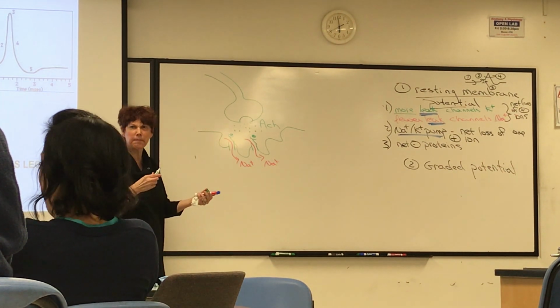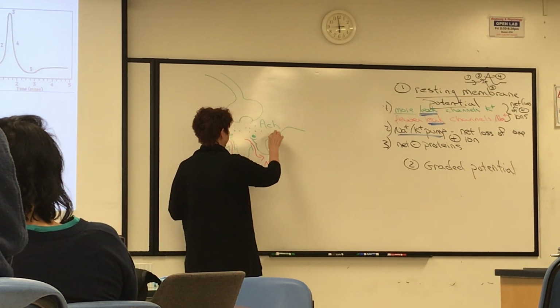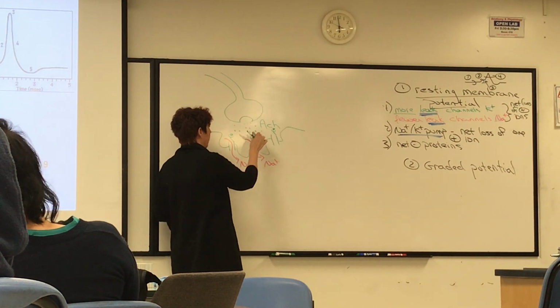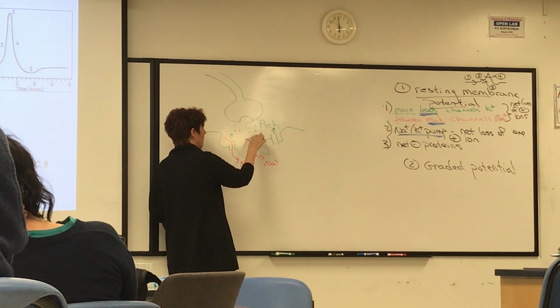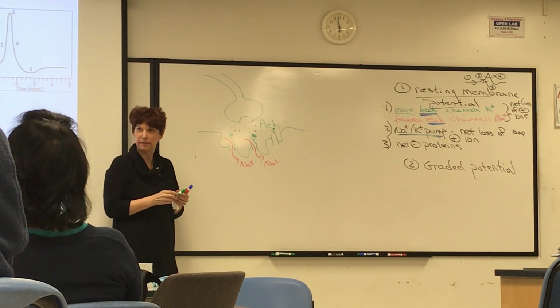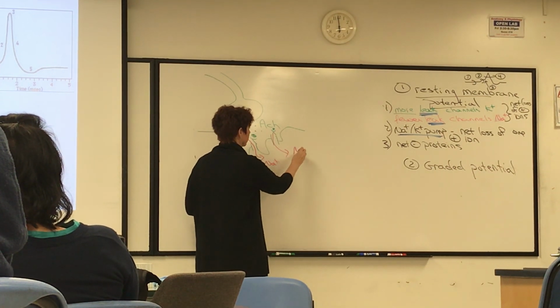We talked about spatial summation and temporal summation. So the more acetylcholine I get, the more channels I open. And if this comes off, another one's going to be right there to take its place, so that same channel is going to stay open longer. All right, so that's what we mean by graded.